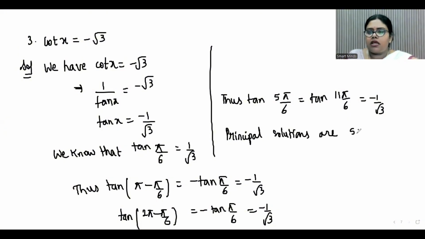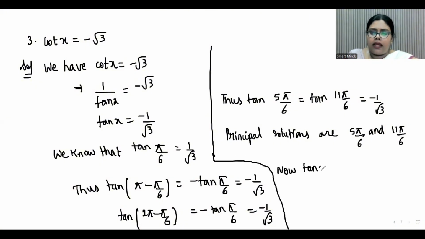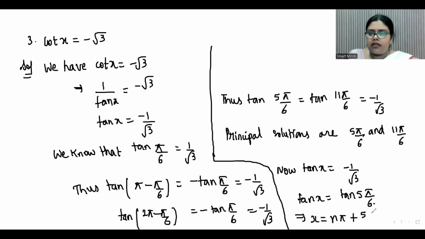Principal solutions are 5 pi by 6 and 11 pi by 6. Now, tan x is equal to minus 1 by root 3. So, tan x is equal to tan 5 pi by 6, which gives you x equals n pi plus 5 pi by 6, where n belongs to Z. This is the general solution.